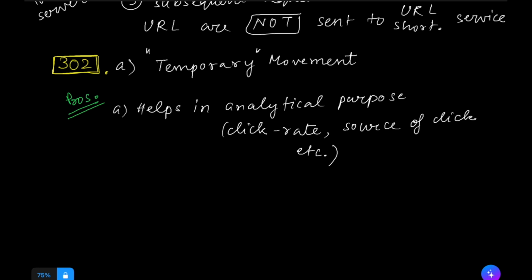He can use it for his own business. So this is one of the benefits of sending a status response code of 302.